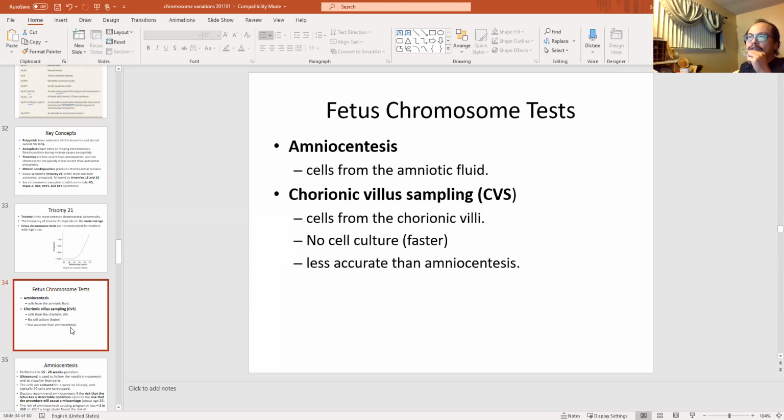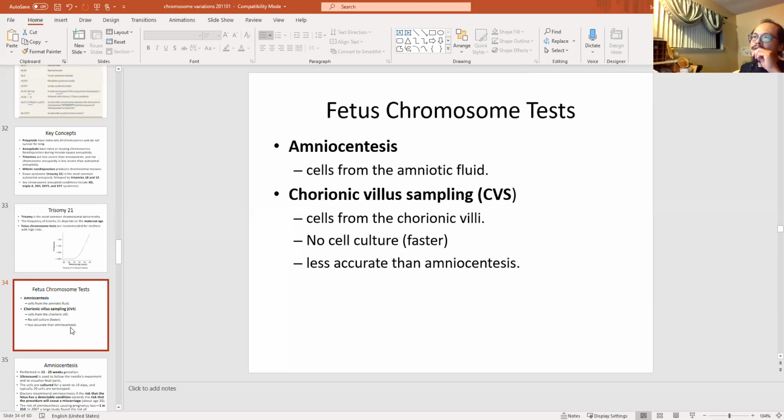Because this fluid may contain some discarded cells from the baby, and all these cells are divided from the fertilized egg, it could be a good way to see what's going on with the whole body. Another technology is called chorionic villus sampling, or CVS for short.